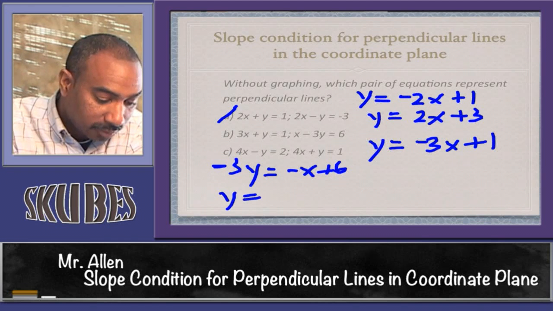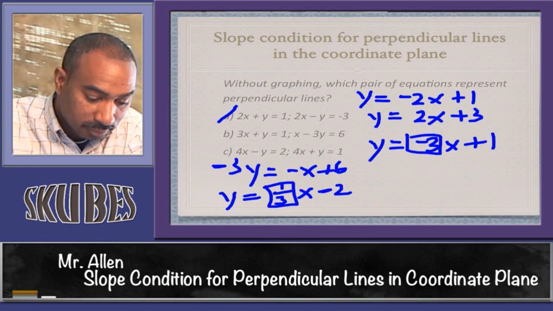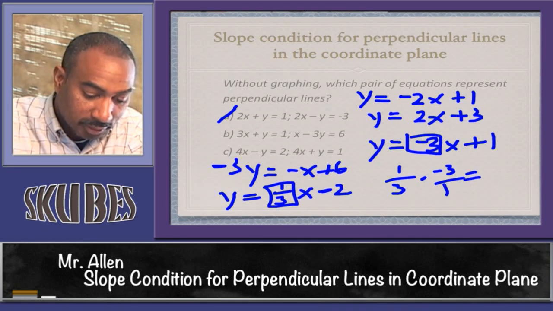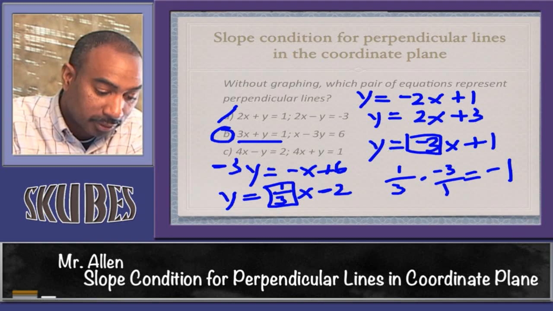So y is going to equal 1/3 x minus 2. So let's compare 1/3 and -3. 1/3 times -3 does indeed give me -1. Therefore, we know these two equations are perpendicular.